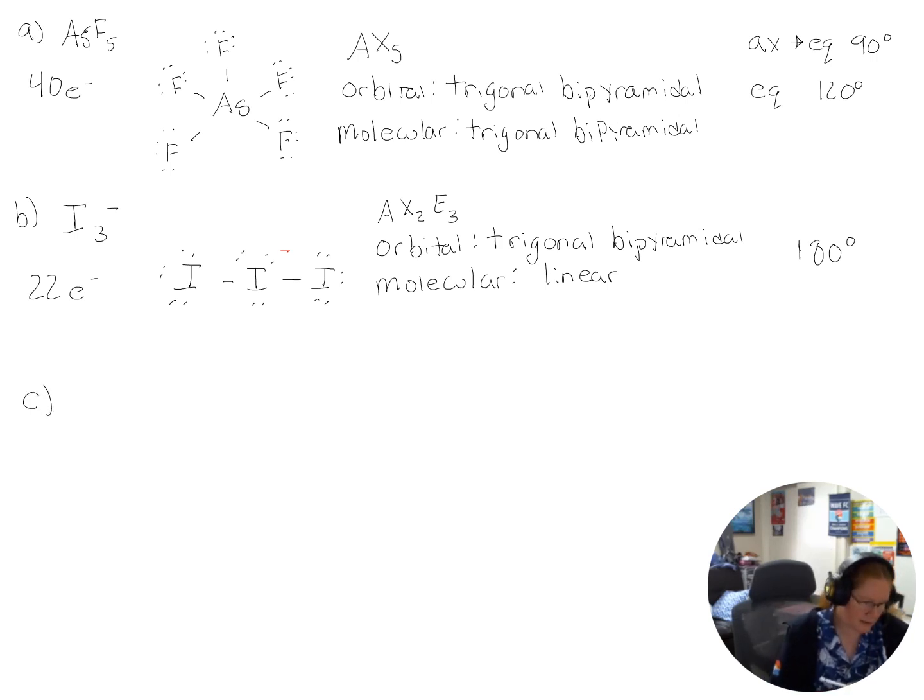All right, next up, we have a lovely compound with xenon. Total of 42 electrons that are necessary. And we get a structure that looks a little something like this.